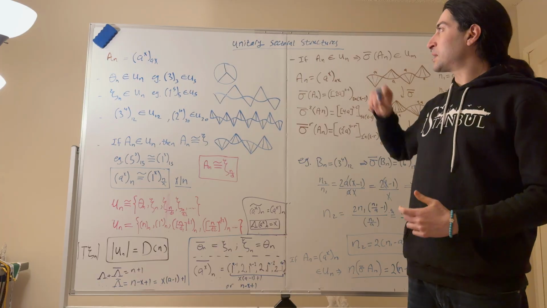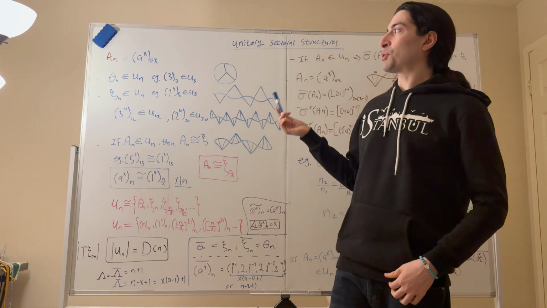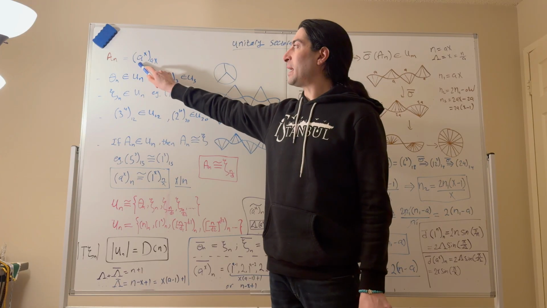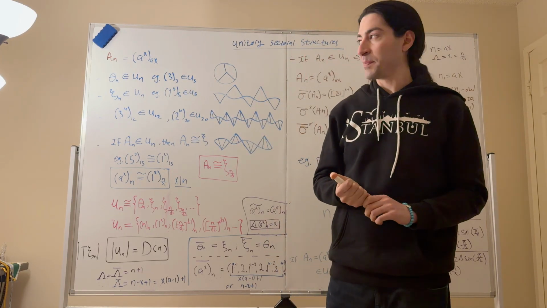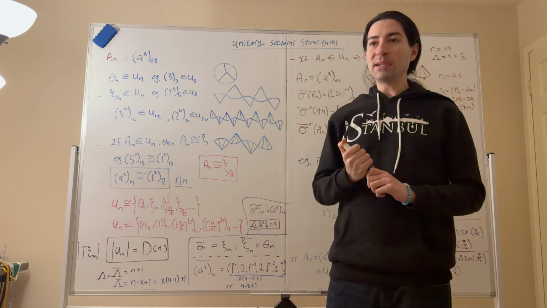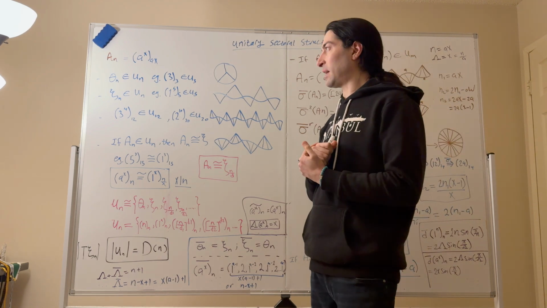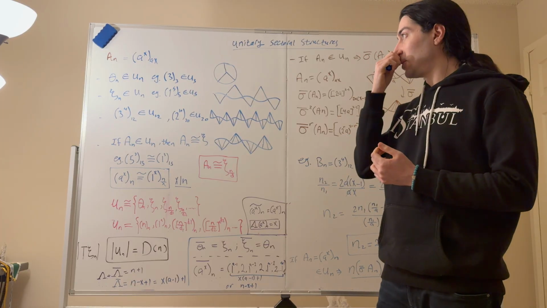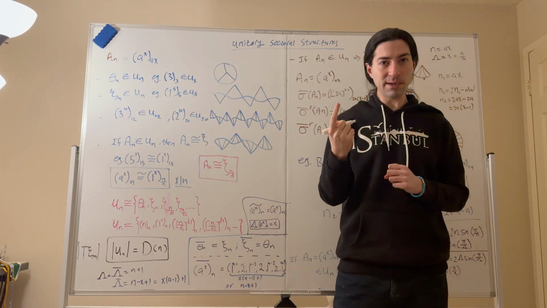Unitary structures are any sectoral structure of the form a to the x subscript ax. We call it unitary because it's the same unit repeating several times. The simplest unitary structures are the theta structures, which are made of a single unit.